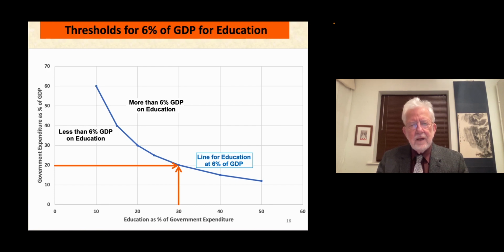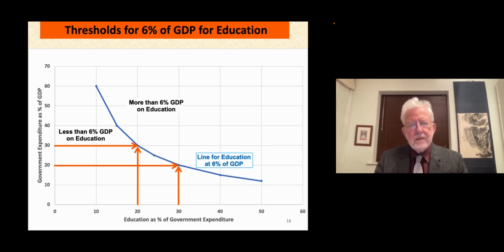So that's a viable outcome if you believe you can spend as much as 30% of your government budget on education. That's a political question. And if you can collect enough revenue to generate public expenditure of 20%. Of course, you could achieve it another way, with 30% of GDP being allocated to government expenditure, and 20% of government expenditure being allocated to education.